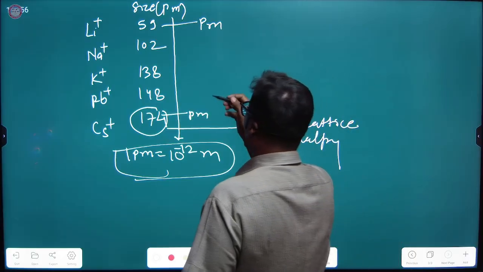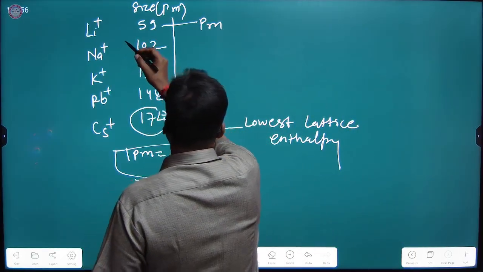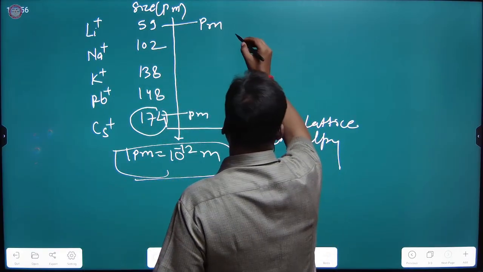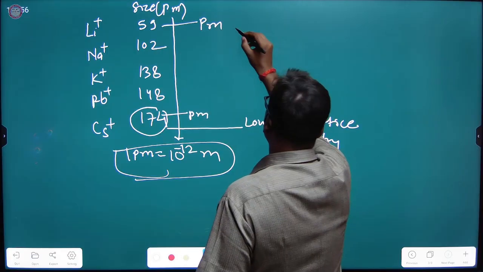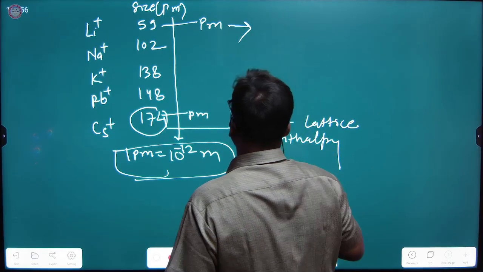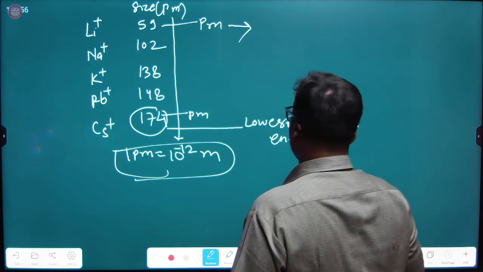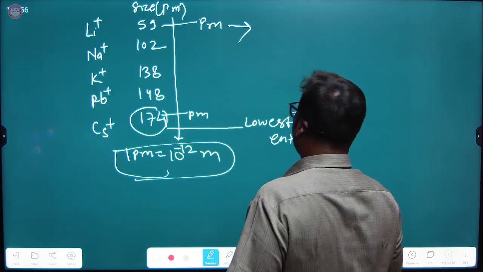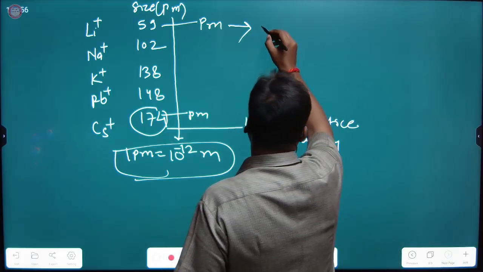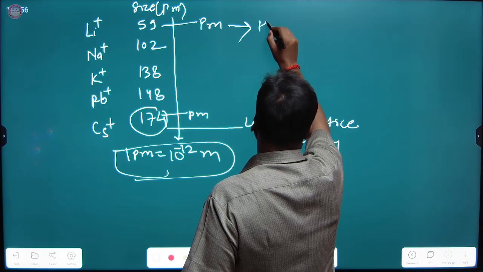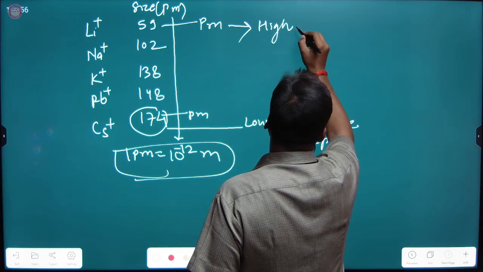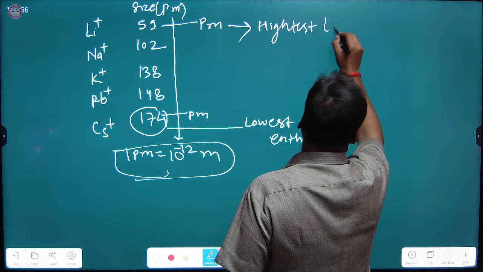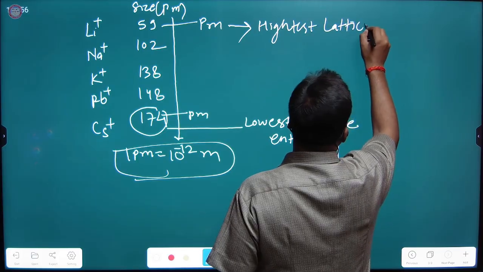Once you talk about lithium plus, when it forms an ionic compound, it has the lowest inter-ionic distance, so it gives the highest lattice enthalpy.